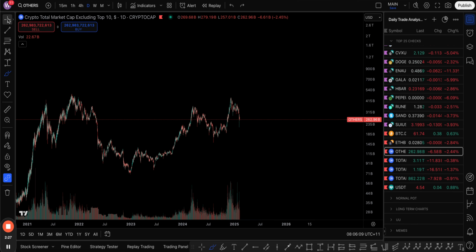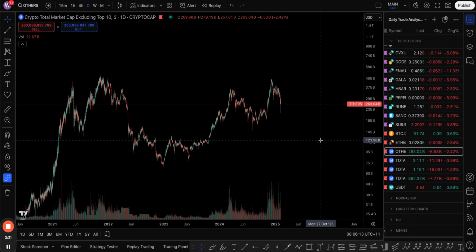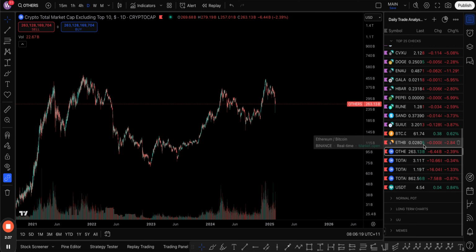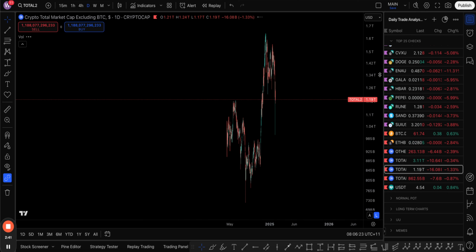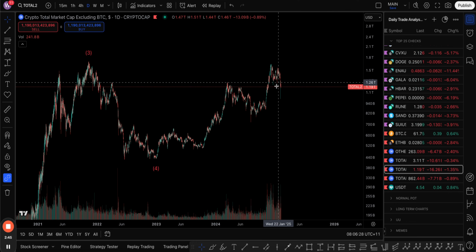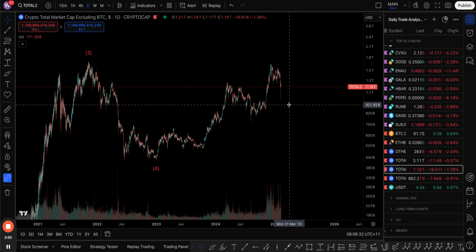A lot of the altcoins do look very, very good, like they're at the start of a pretty decent rally, to be honest. I'll show and explain a few of my alts as well, some of my picks that I've been scooping up. But even with total two, you've got a case for this being the top, one, two, three, four, five. But I just personally don't think it is.